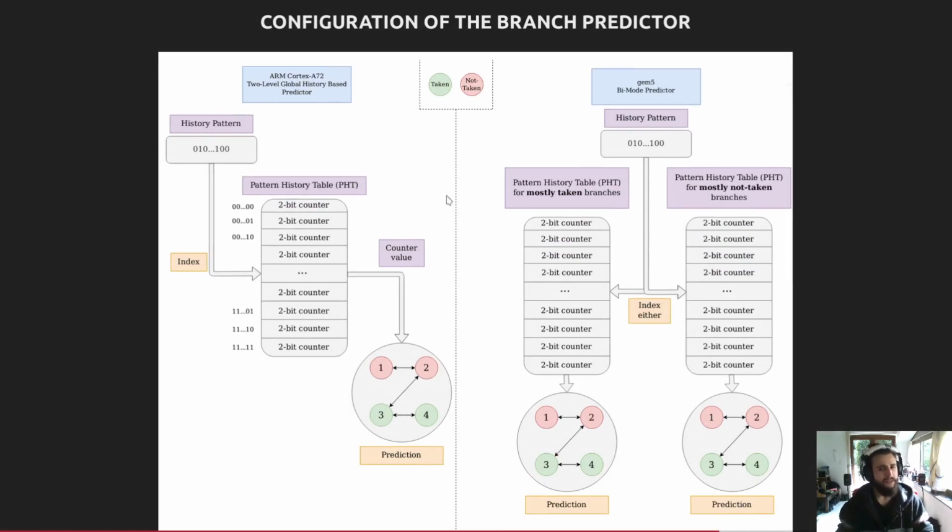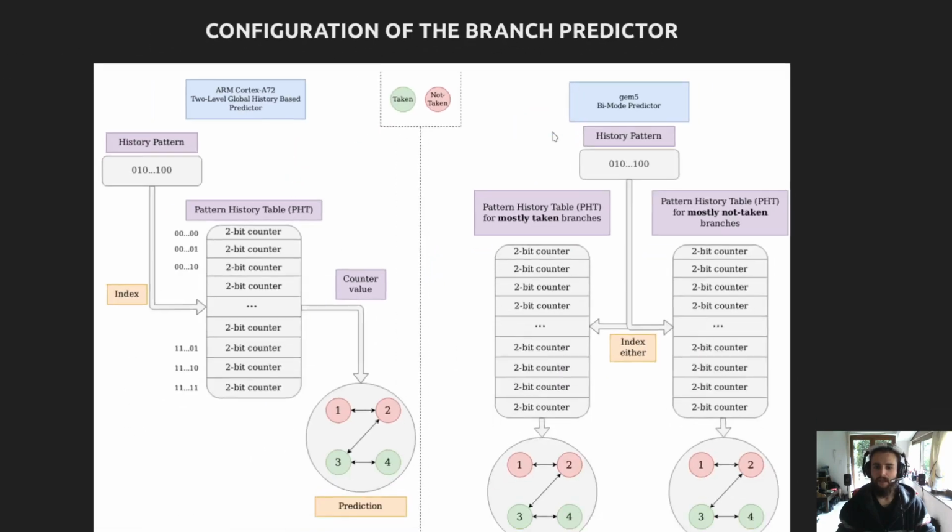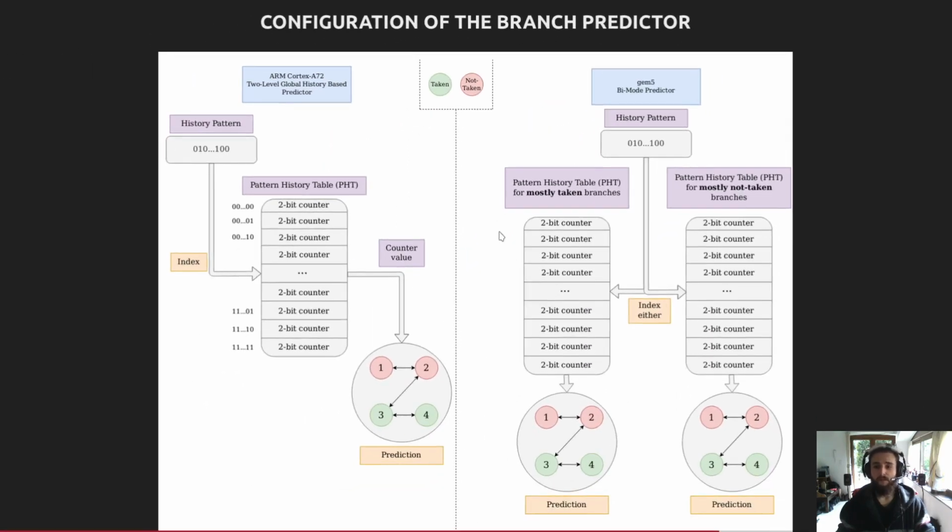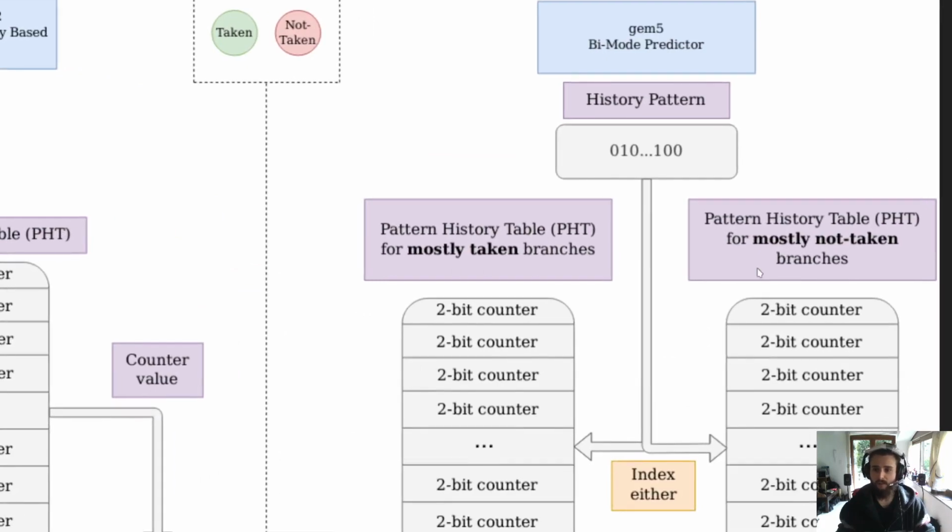The scheme might look impressive, but it's not. On the left, this is what we already saw, and this is how the branch predictor of our ARM Cortex-A72 works. And on the right, this is the branch predictor that we used on gem5, the BiMode predictor. In fact, the BiMode predictor uses two PHTs, one for the mostly taken branches and one PHT for the mostly not taken branches.